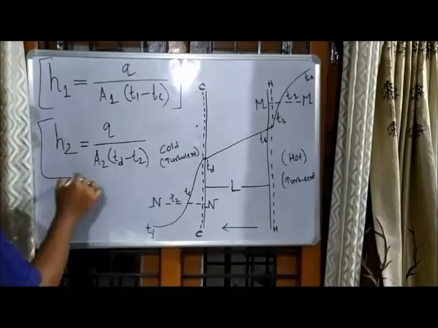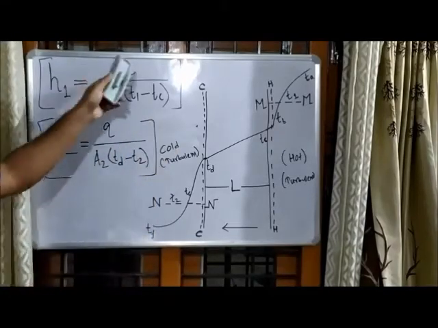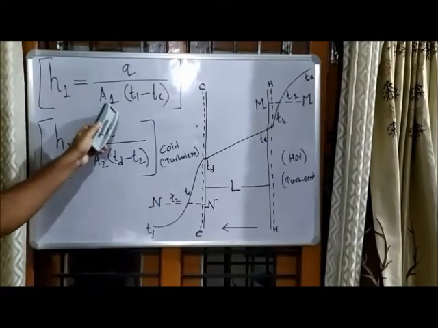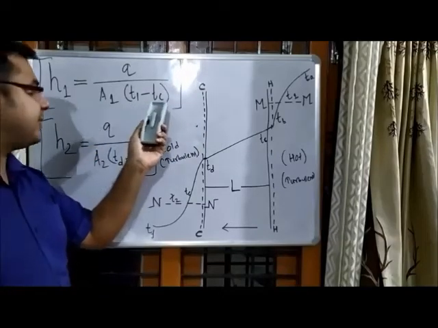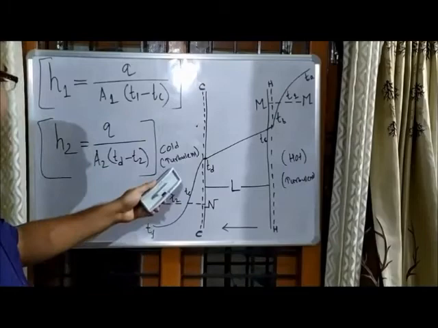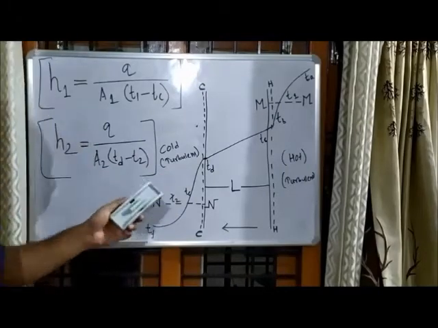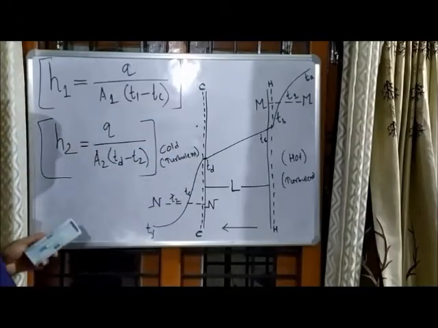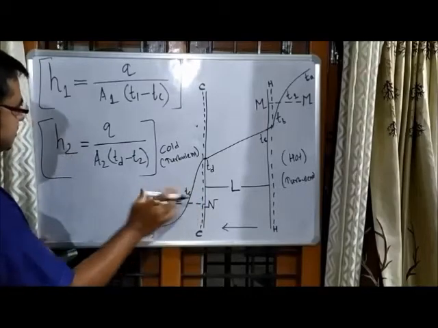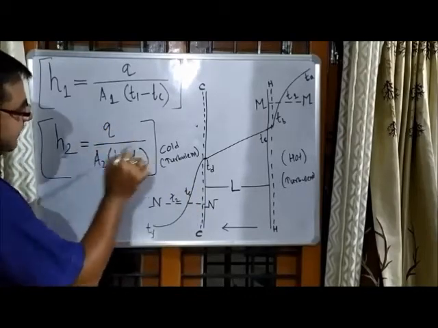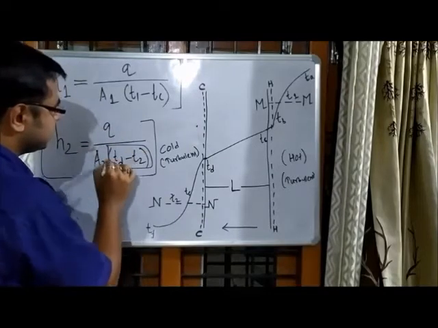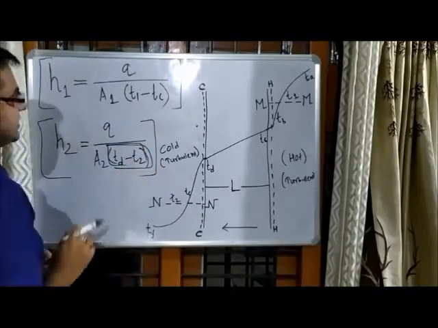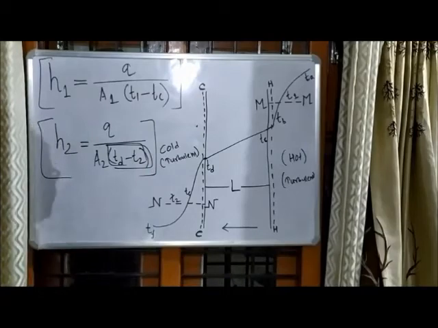So H1 is equal to Q divided by A1 and the temperature difference. Here the film coefficient on this side is H2. H2 is equal to Q divided by A2, the area, multiplied by the temperature difference, right?